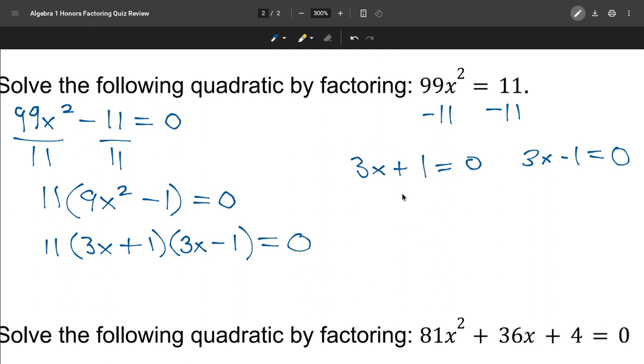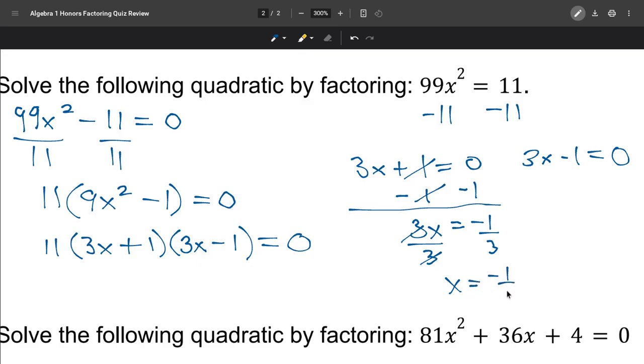Okay, so in this one I'm going to subtract 1 from both sides. 1 minus 1, so we get 3x equals negative 1. Divide by 3. We get x equals negative 1/3. All right, in this one we're going to add 1.